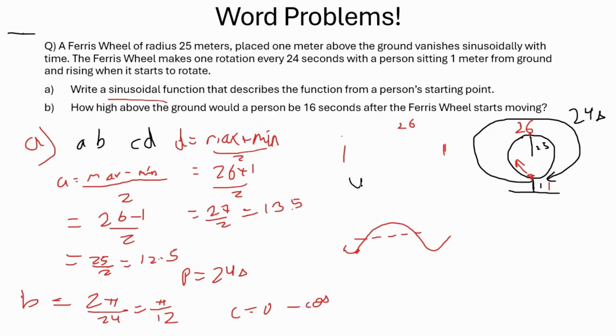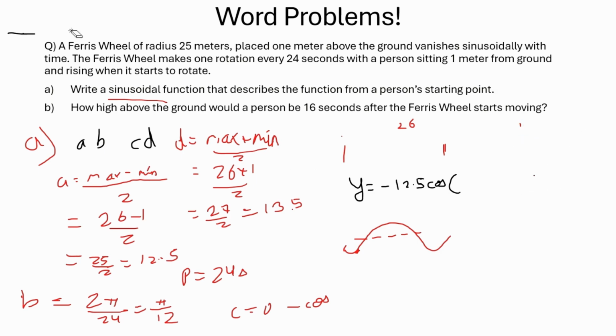So our answer becomes y equals, it's a negative cos function, so negative 12.5 cos of pi over 12 x plus 0, and then plus 13.5.